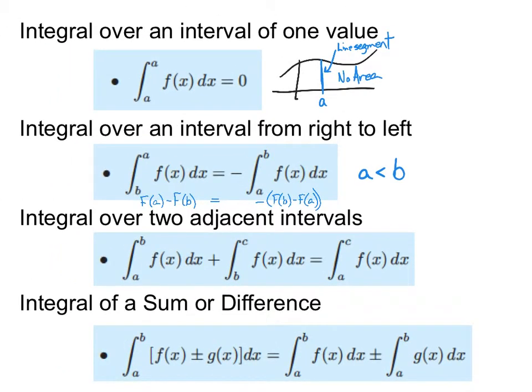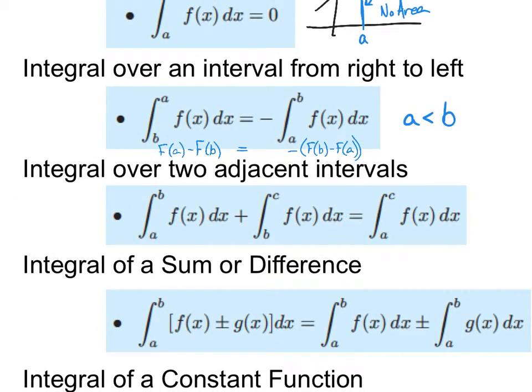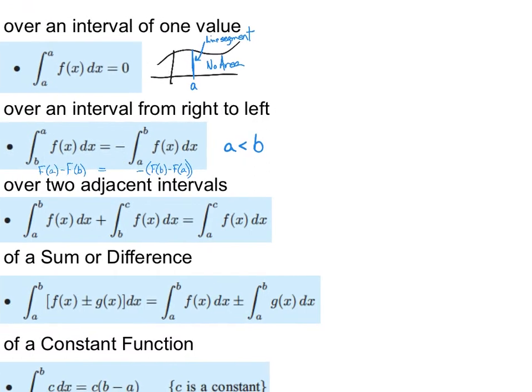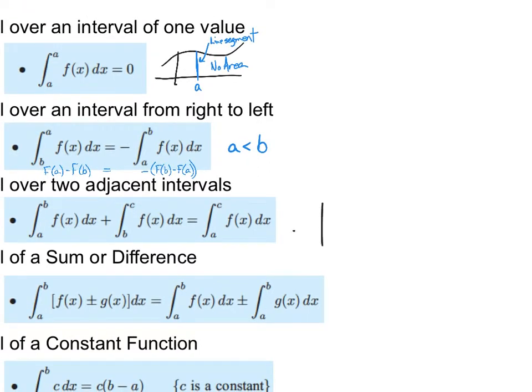Then we have the one I illustrated there when we had to find total area. If I have some value in the middle of an interval, I can find the integral from A to C if I take the integral from A to B and then add the integral from B to C. Again, a quick sketch.